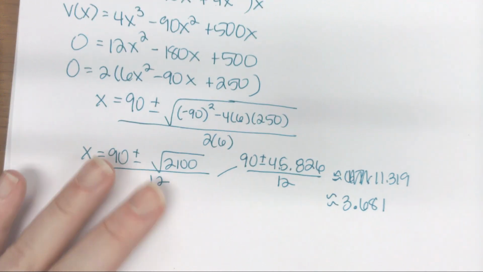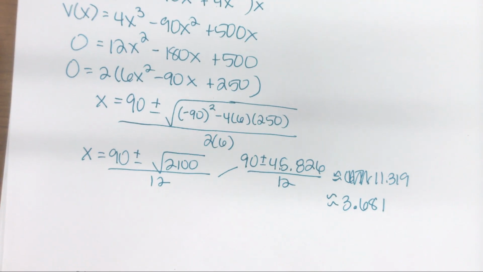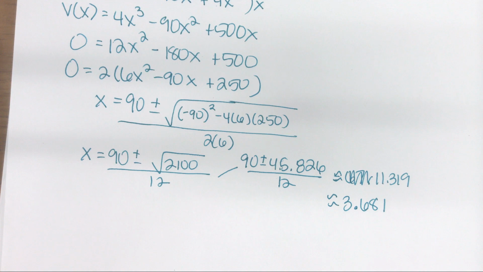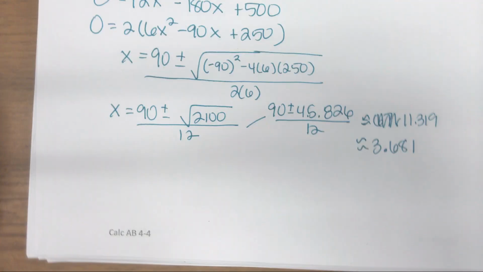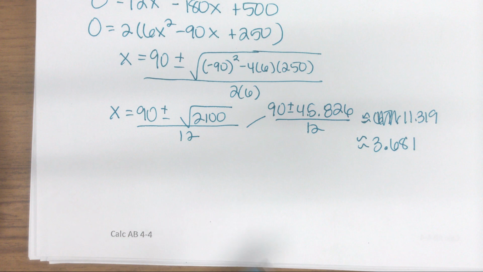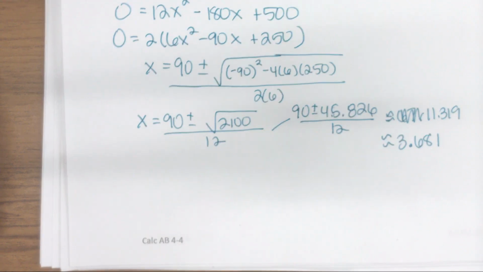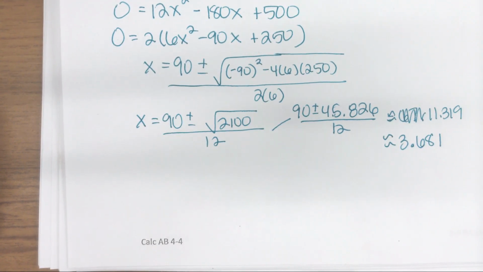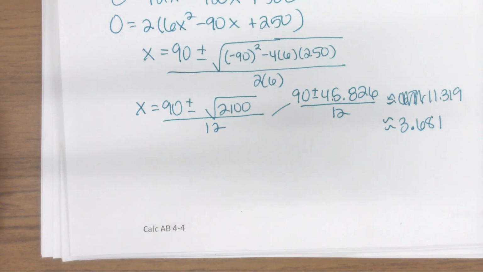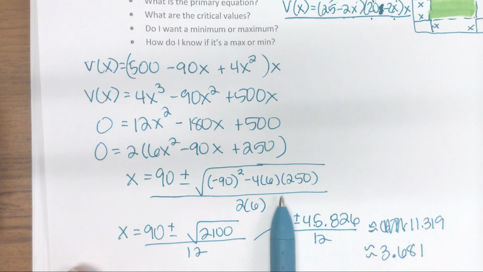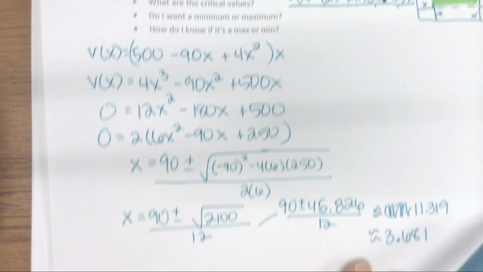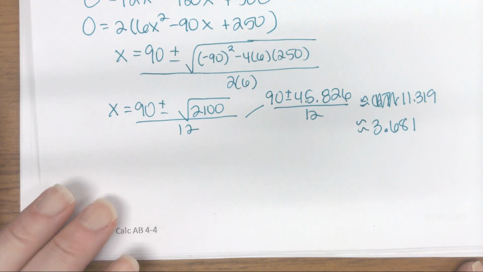Okay. Now we should check and see, how do we know if it's a max or a min? Which I guess there's a couple different ones that I would check. I guess I need to check both of them. I think that since we're on this track and we didn't have nice numbers to do a sign chart for, let's just do the second derivative test since we need to review that anyways, okay?